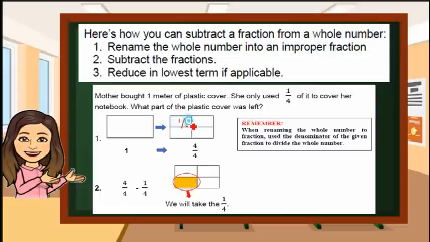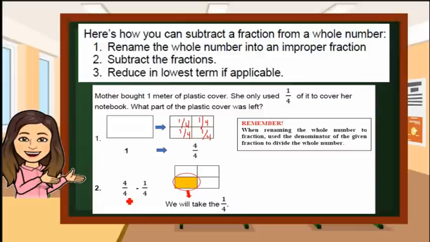Okay. 1/4, 1/4, 1/4, and still 1/4 here. So what's our problem? What part of the plastic cover was left? Okay, now, because we already renamed the whole number into an improper fraction, which is 4/4, we have now a similar fraction.